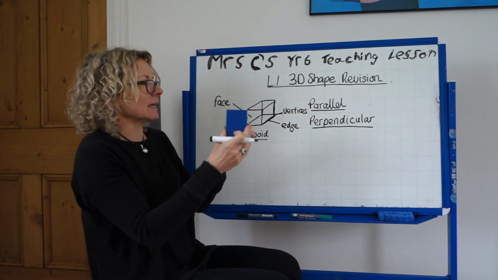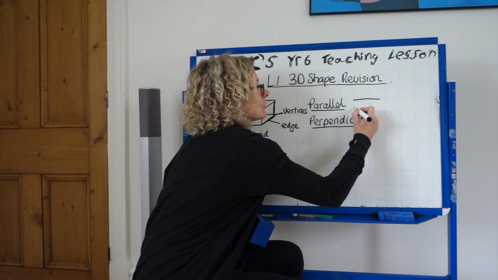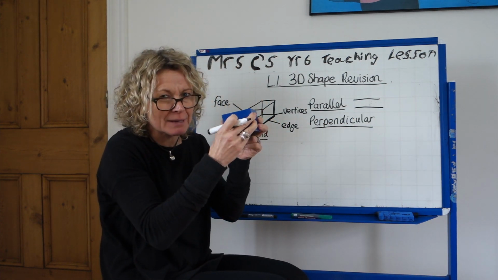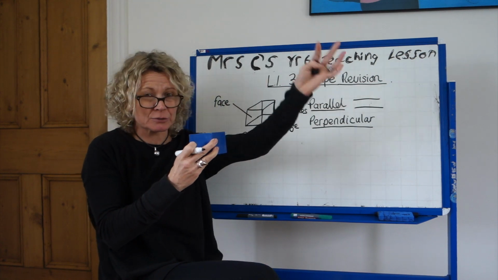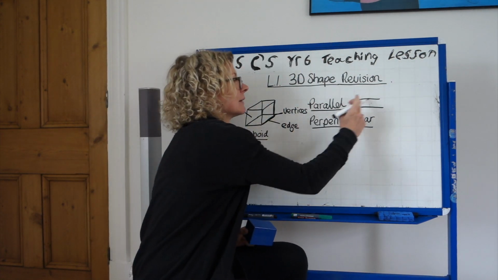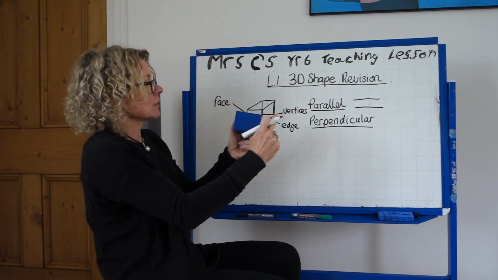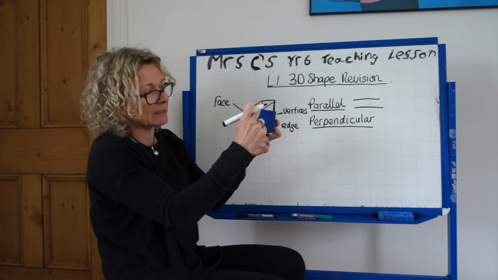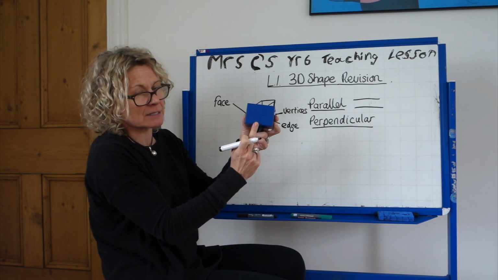So, parallel is, I'm sure you've done it before, two lines that are very straight that will never ever meet. Even if they go all the way to Pluto, those lines will never meet. They are parallel lines. So the two edges of this cuboid here are parallel. These are parallel edges, okay?